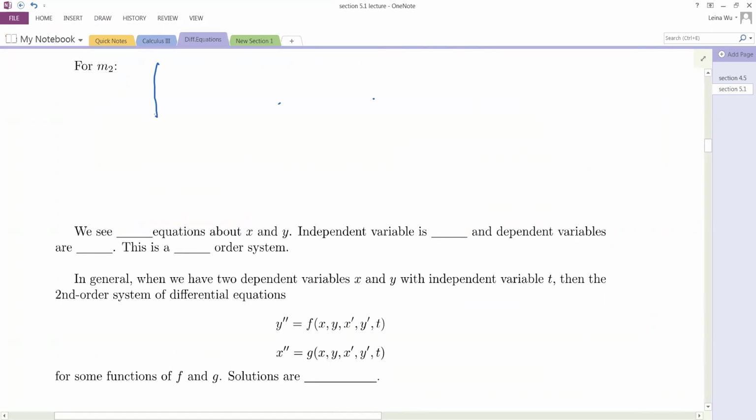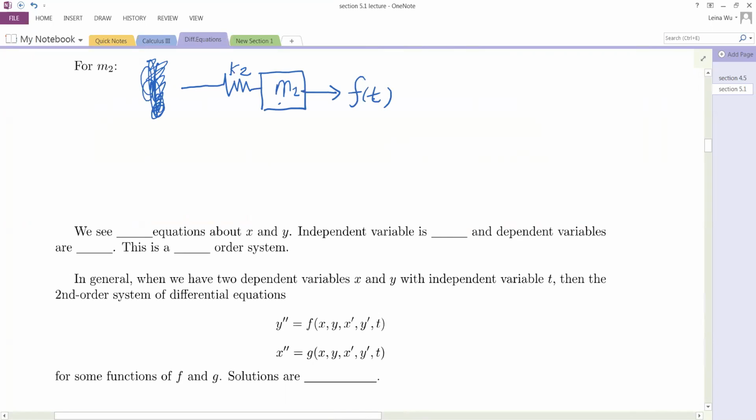Sorry, mass M2 is not directly connected to the wall, so we don't have to sketch the wall. Mass M2 is related to one spring and then one external force. This spring is actually spring number 2, right?